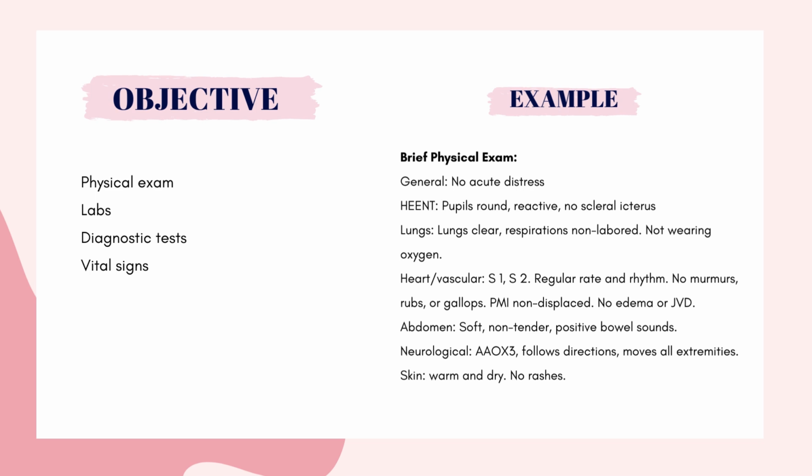Heart is regular in rate and rhythm. No murmurs, rubs, or gallops. PMI non-displaced, no edema or JVD. Abdomen, soft, non-tender, positive bowel sounds. Neurologic, awake, alert, oriented times 3, follows directions, moves all extremities. Skin, warm and dry, no rashes.